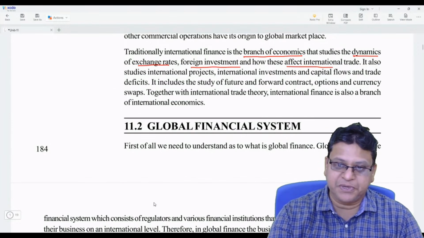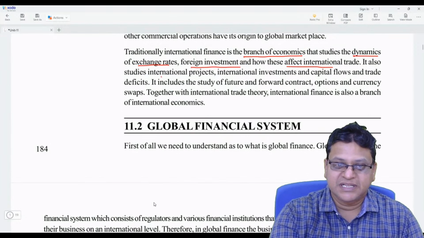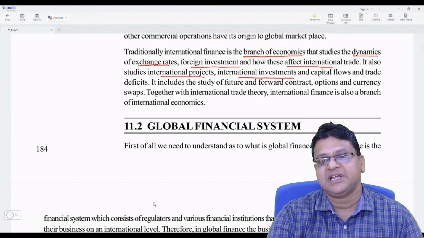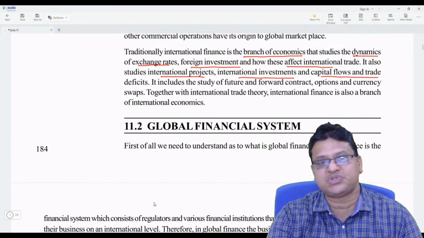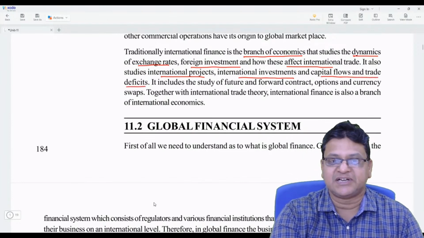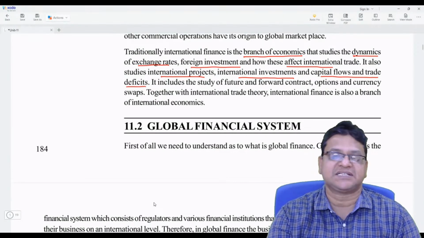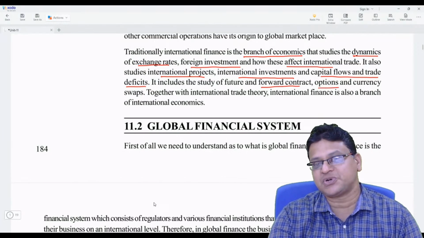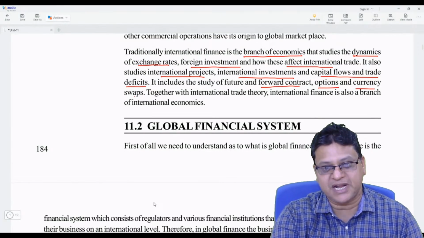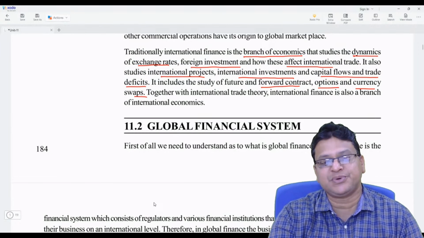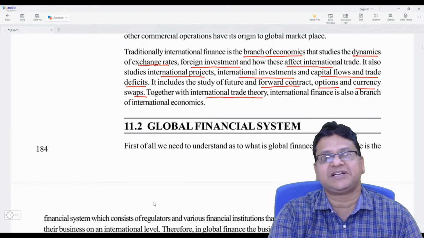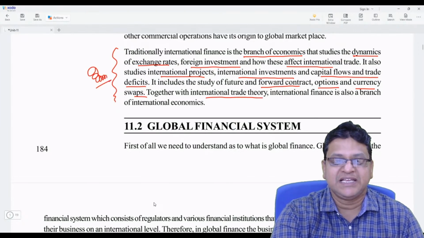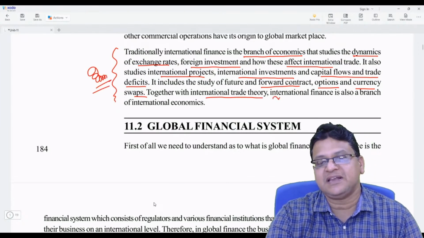It studies international projects, international investments, international capital outflows, international trades, international trade deficits, etc. It also studies forward contracts, option contracts, currency swap contracts, etc. It also deals with different international trade theories. So I can tell that international finance is a branch of international economics.